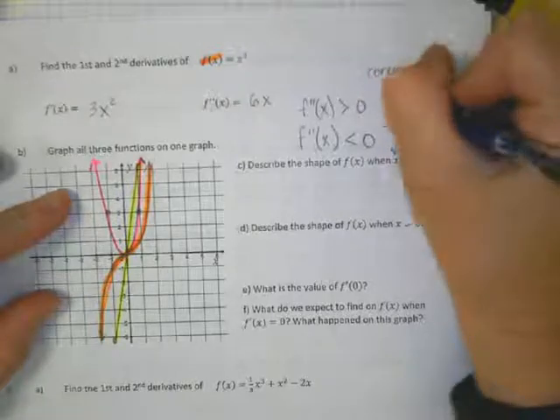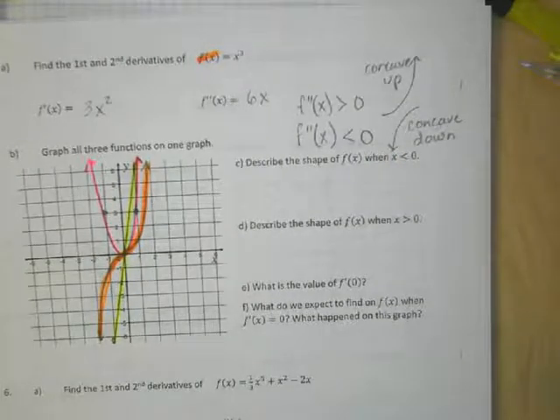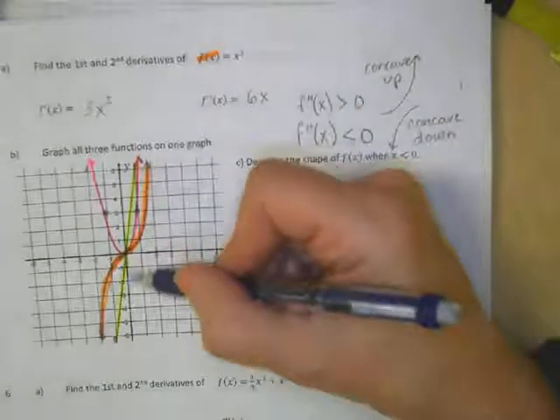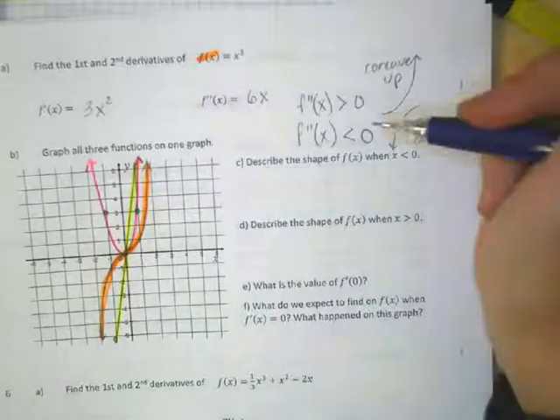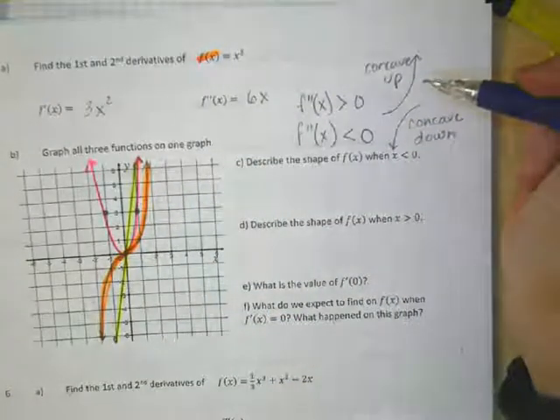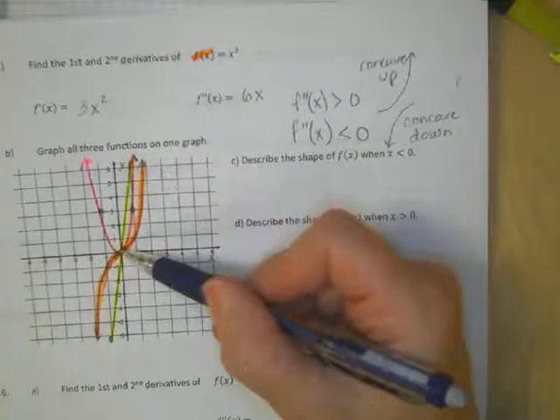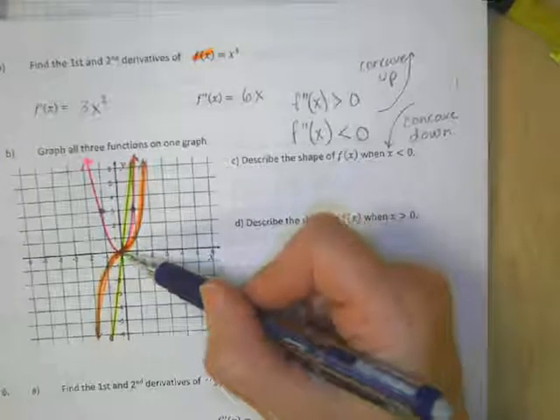So if you didn't notice it on your own, here's what you should have noticed, that the function values of the second derivative tell me the shape, the concavity of the original function. Crazy, huh? So what's going on then right here? What's going on where it equals 0? So that's where we have that stationary inflection point.